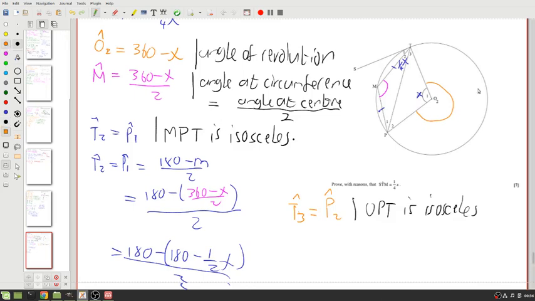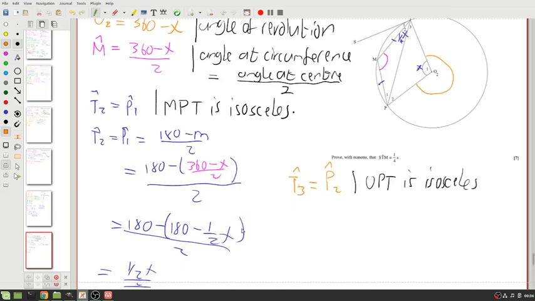So what will each of those be equal to? We do the same as in the previous part. We say 180 minus x, our angle there, divided by 2 to give us T3 and P2 each. Let's work that out. So that's equal to 90 minus half x.